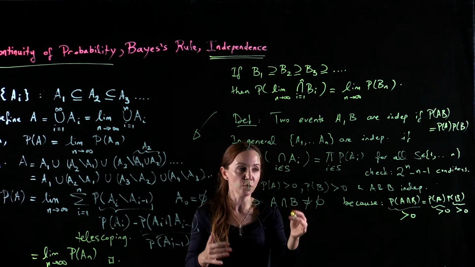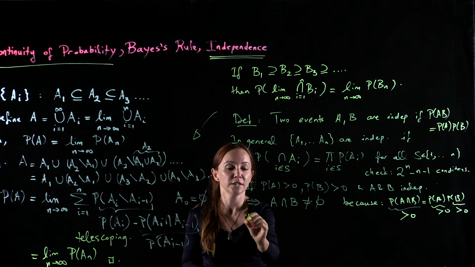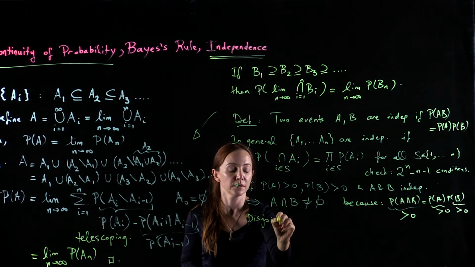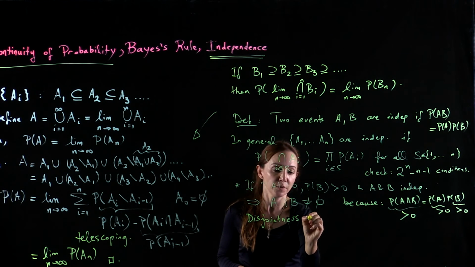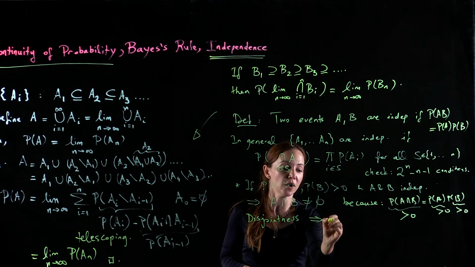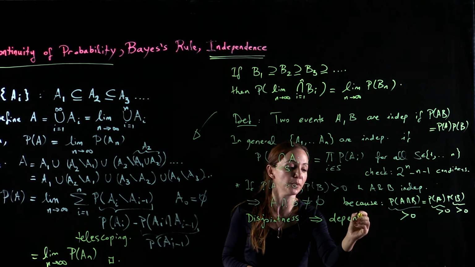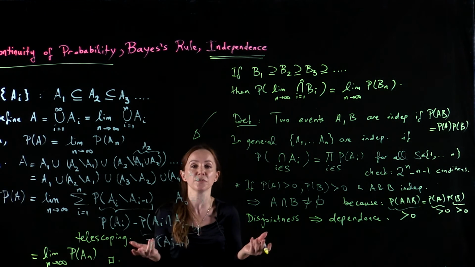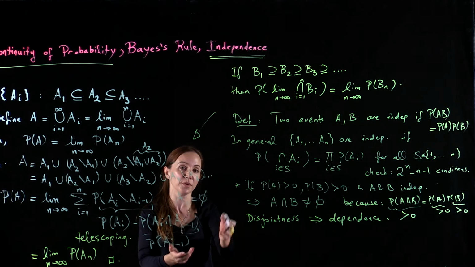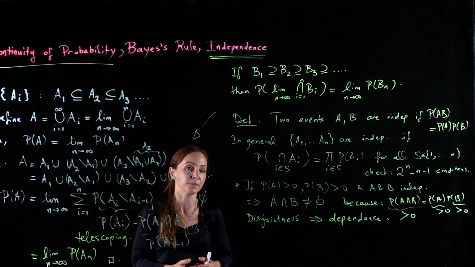So I will emphasize this again. Disjointness of two sets implies that they are dependent. So disjointness implies dependence. And disjointness is in fact a very strong form of dependence, because it says that if A happened, B cannot happen.